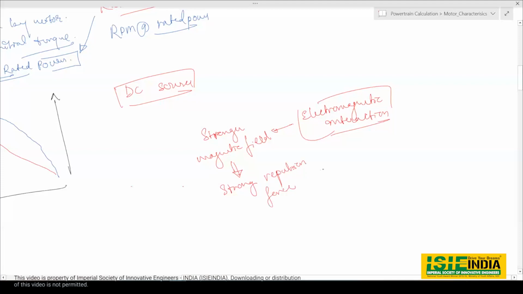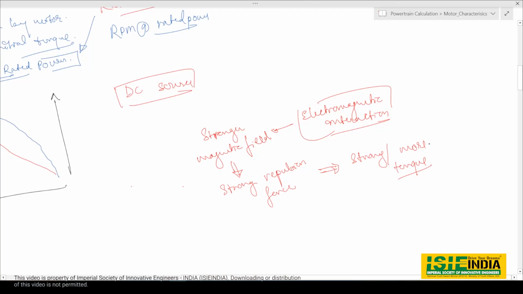And this stronger repulsion force will give you strong or more torque, right? So if you have a stronger magnetic field, that means the force acted on the rotor will be higher, and that means the torque will be more, right?